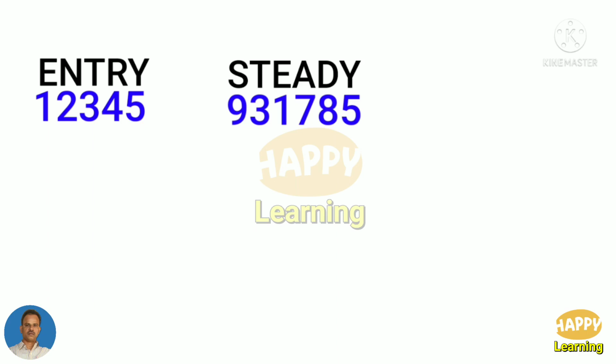And steady is coded as 931785. That means S is coded as 9, T is coded as 3, E is coded as 1, A is coded as 7, D is coded as 8, Y is coded as 5.